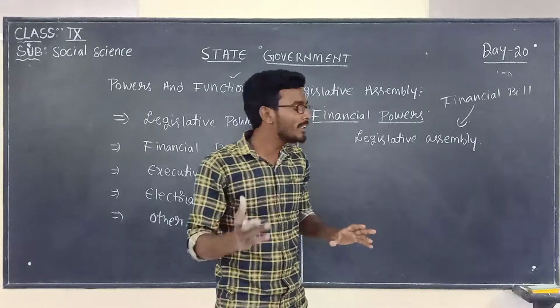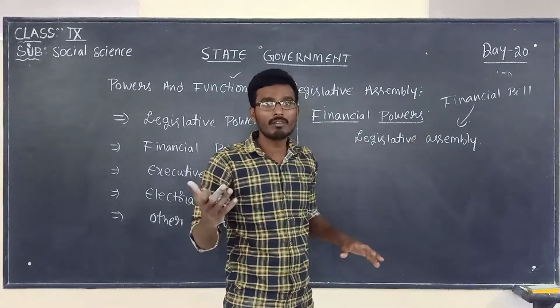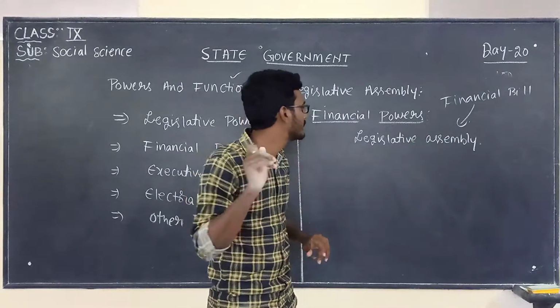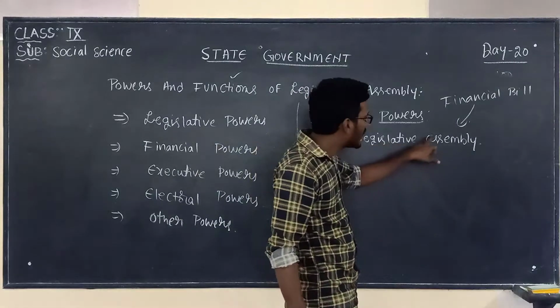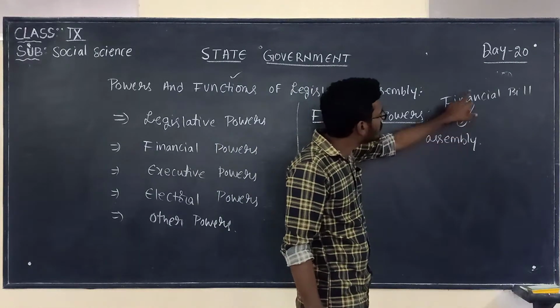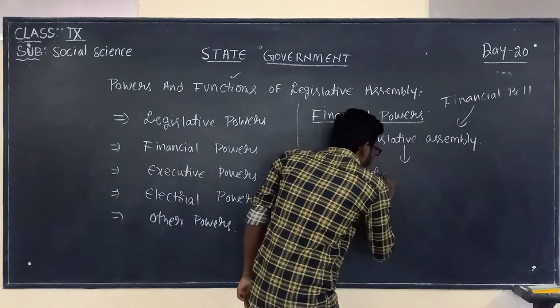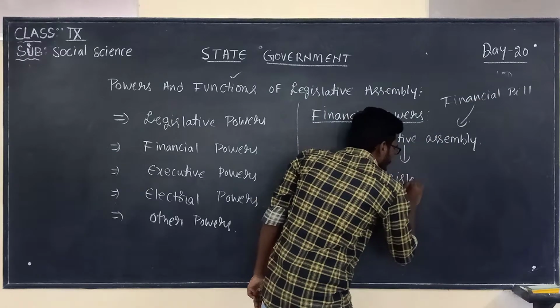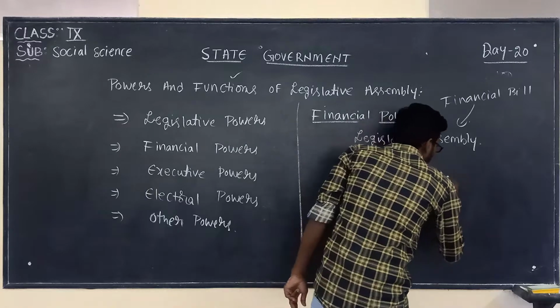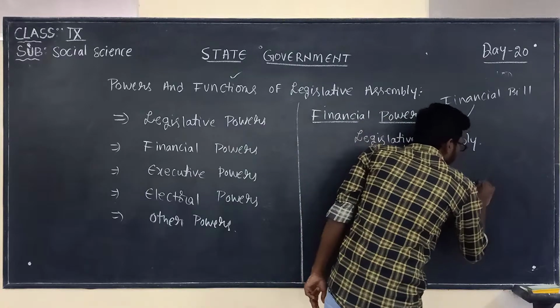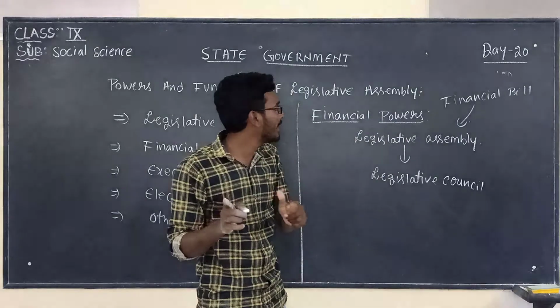Now here, why is the role of the legislative assembly more when compared with the legislative council? Listen, once the legislative assembly approves a financial bill, that bill is sent to the legislative council. I hope you are clear, right?